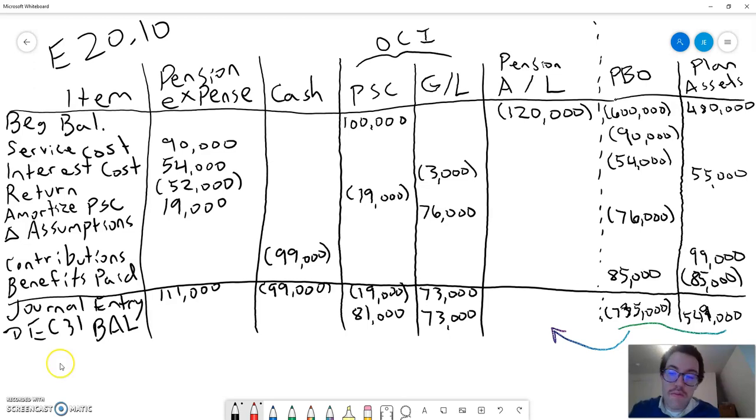We're going to have a net pension liability of $186,000. So, given that we started at 120 on pension liability and we ended at 186, our change during the period is 66,000.